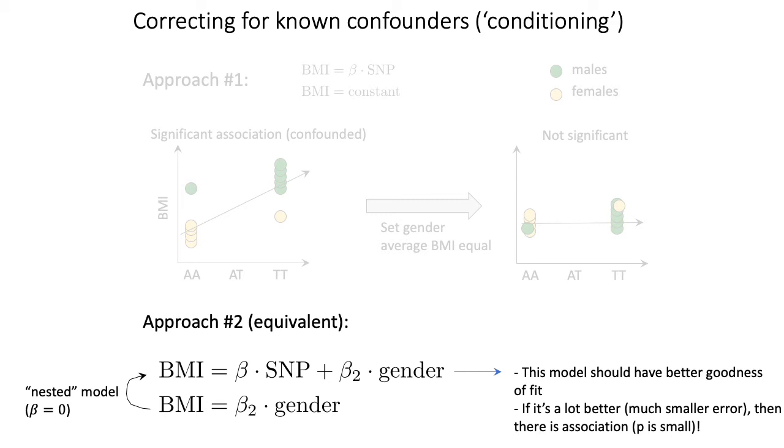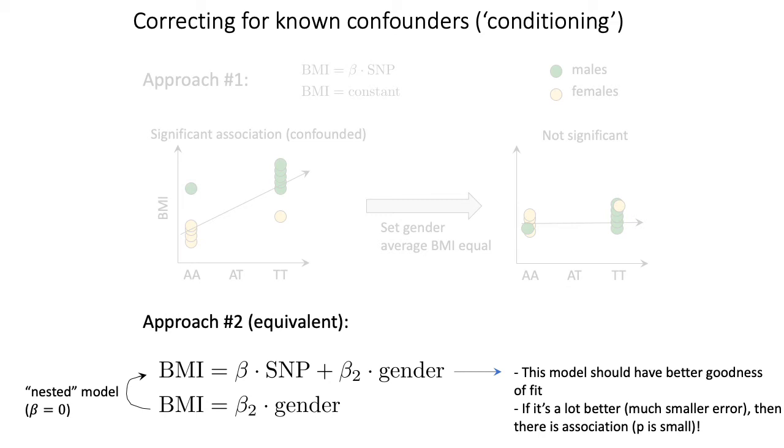And so what that means is that in the worst case scenario, if the SNP has no explanatory power for BMI, then your first model should be able to explain BMI just as well as the second model because they're the same. If beta equals 0, then model 1 and 2 are the same. If the SNP has any kind of explanatory power, so if beta is anything other than 0, then your first model should have a smaller error than your second model.